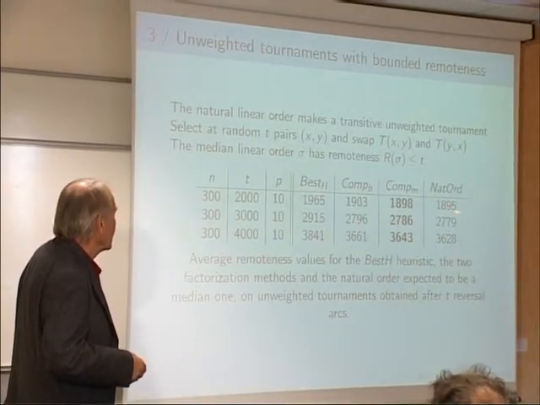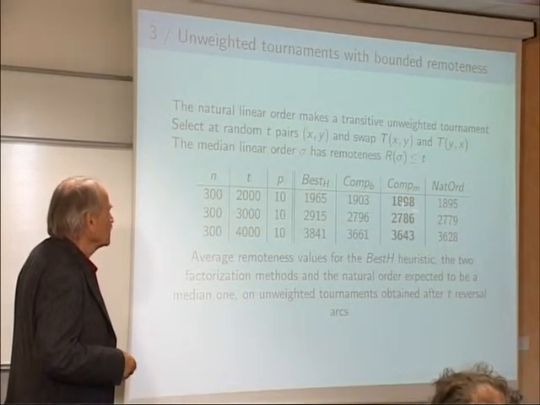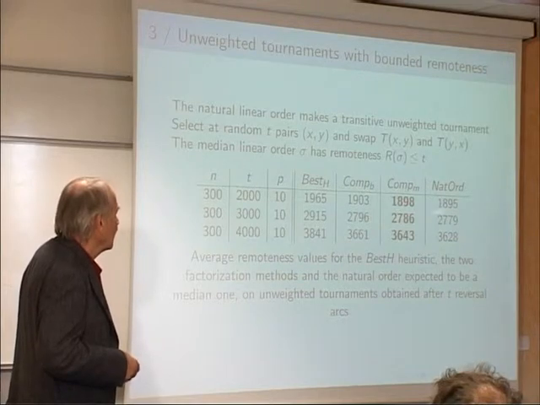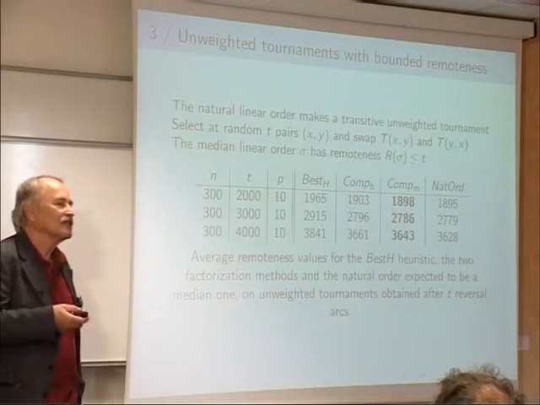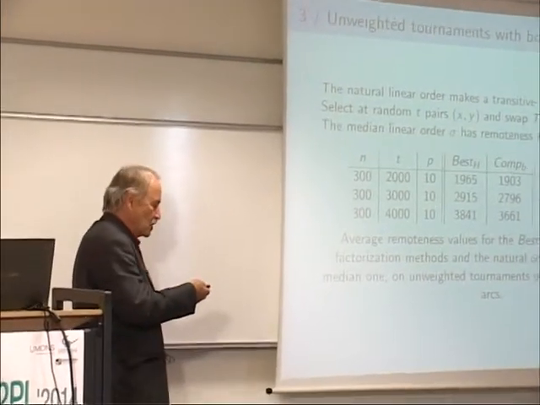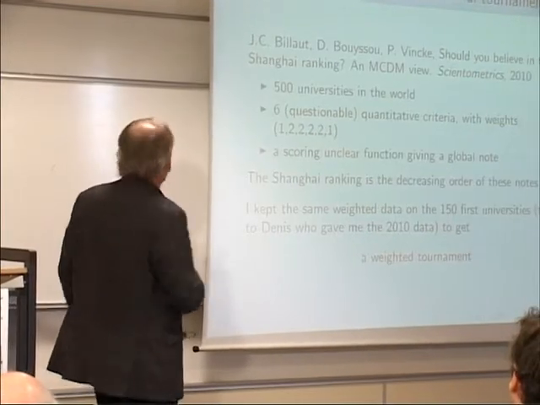And at this time I know what is the remoteness of the natural order, so it can be very close, and so when the computed orders are very close to the solution.